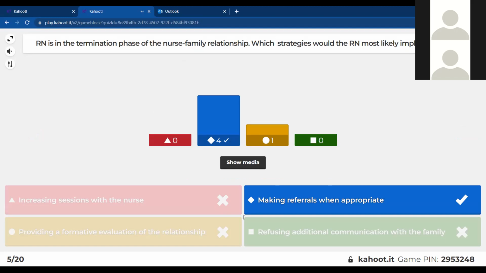We don't really do a formal evaluation. We will review the relationship, but that's not really going to help us to terminate this nurse-family relationship. Because what if the relationship was not that good? What are we going to do about that at the termination phase? Not a whole lot. We're already terminating it, so that's not really going to be important.